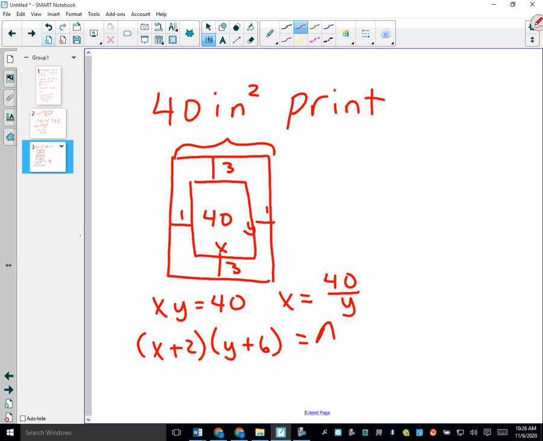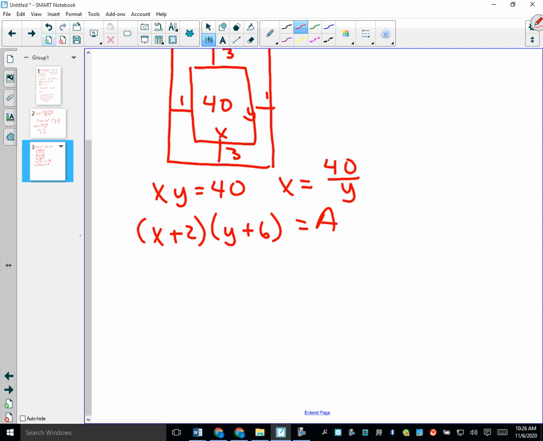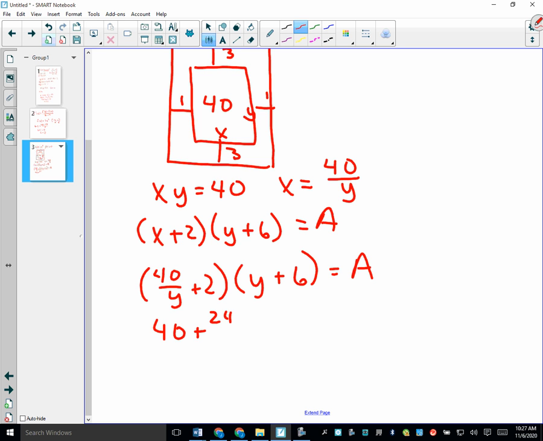But x is 40 over y. So 40 over y plus 2 times y plus 6 equals my area. I'm going to FOIL it. So 40 plus 240 over y plus 2y plus 12 equals my area.